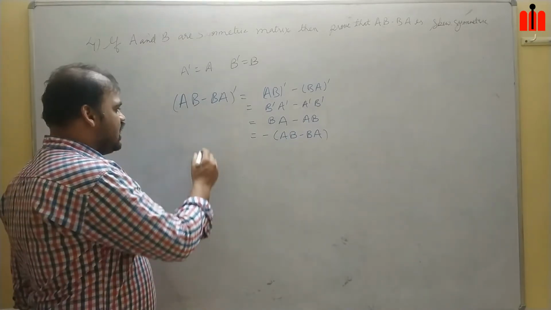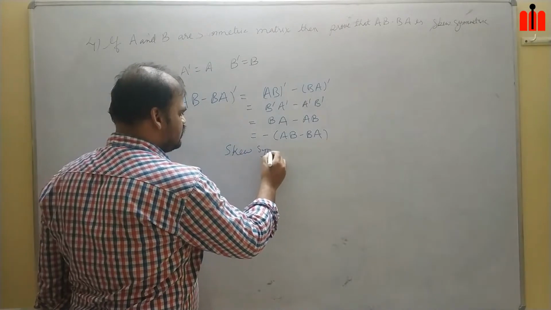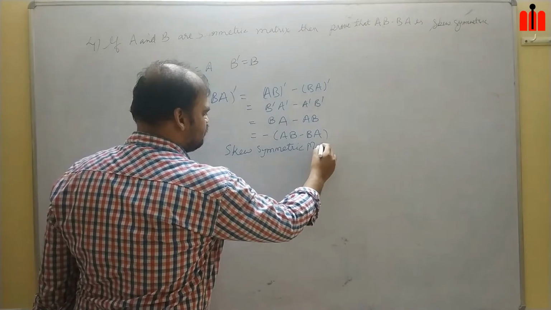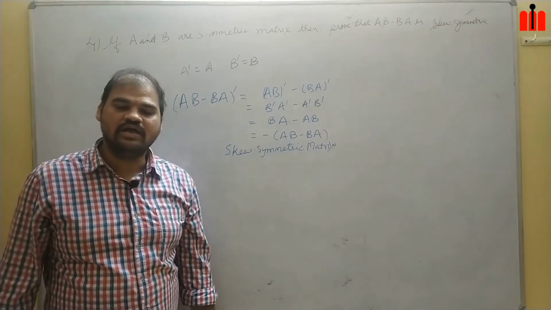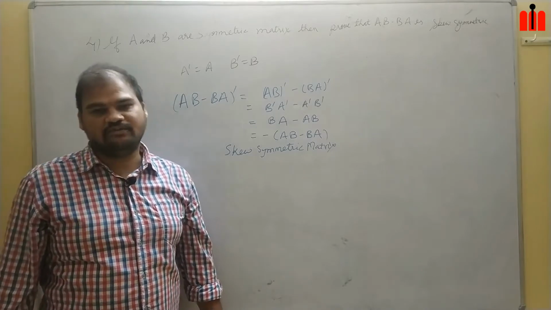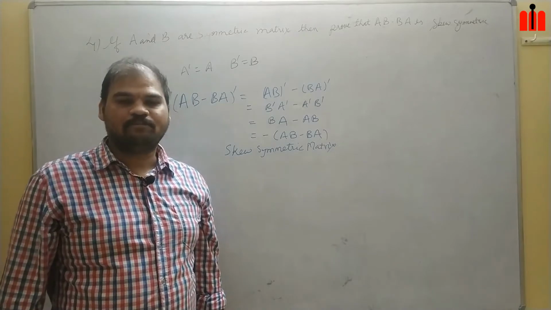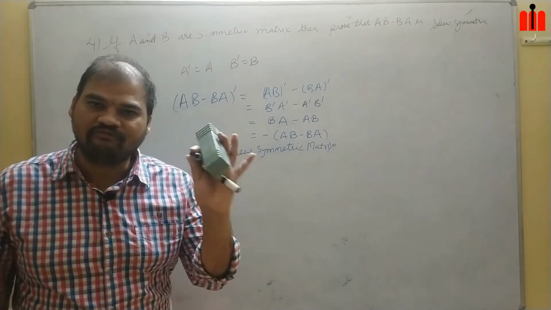So that's why AB minus BA is a skew symmetric matrix if A and B are symmetric matrices. Okay, this completes the fourth problem. Let's move on to problem number 5.